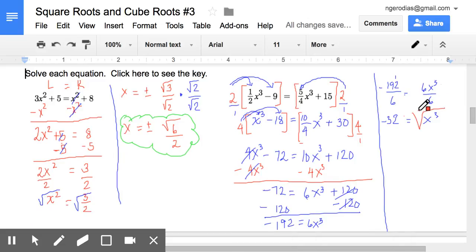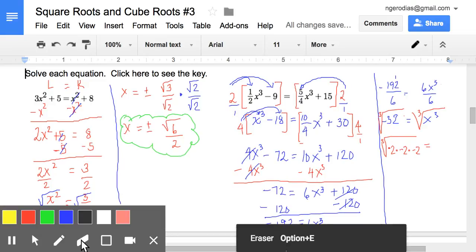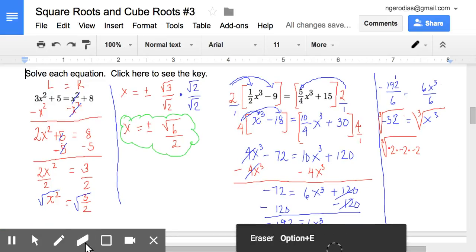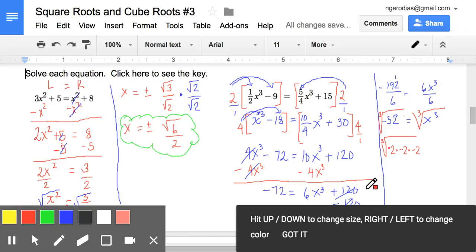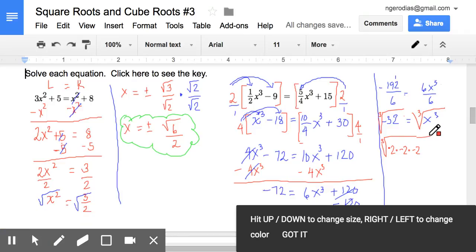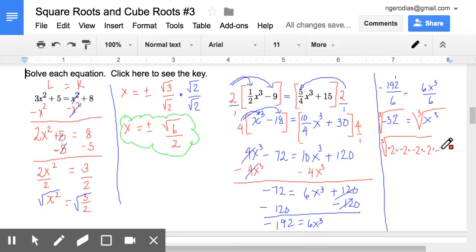So we're going to do cube root of both sides. So cube root of negative 32. And so that's going to be, we know that cube root of negative 32 is the same as cube root of negative 2 times negative 2 times negative 2 times negative 2 times negative 2 equals x.